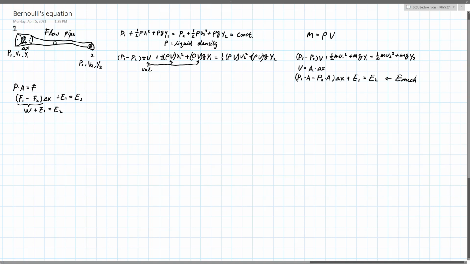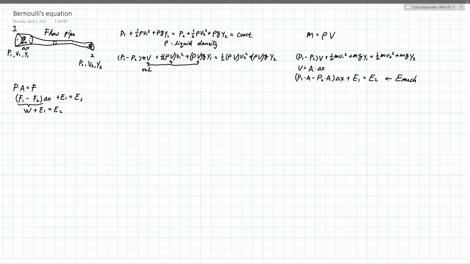Mechanical energy on one side is mostly kinetic energy because it's at a lower height. On the other side it's probably mostly potential energy due to gravity, and it flows more slowly because it gets to a higher height.